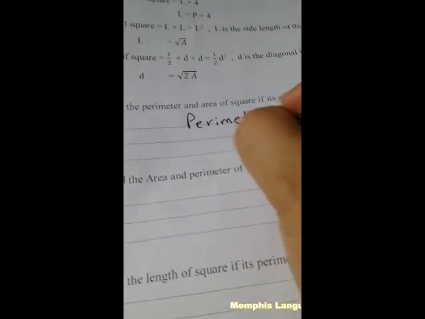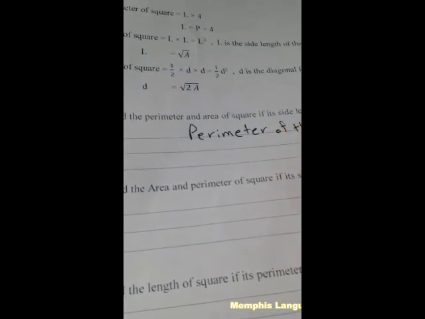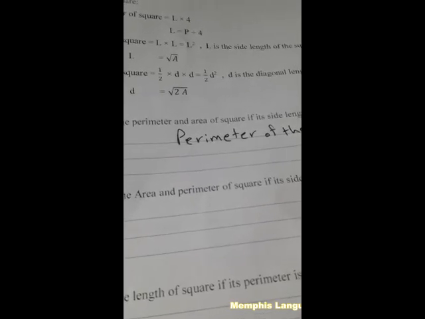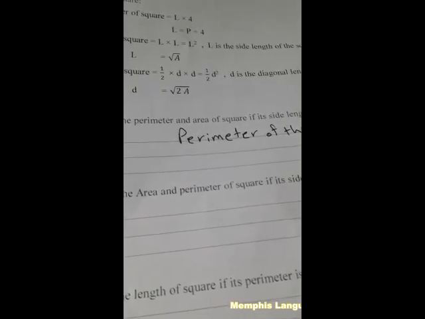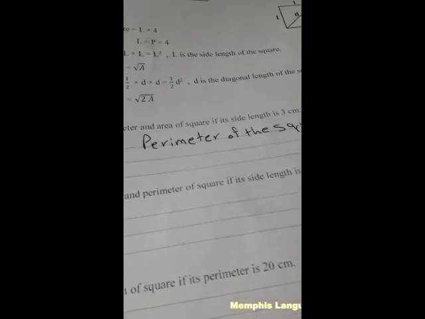Okay, the perimeter of the square equals side length times 4. So the side length here is what? 3 times 4 equals 12 centimeters.